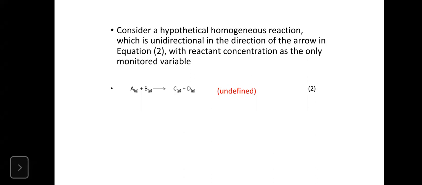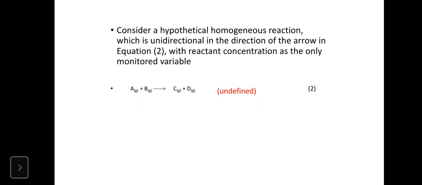This equation, I say, is undefined. Now get this very clearly. At the beginning, I said hydrogen plus oxygen gives you H2O. That equation is defined because I've given you an element, hydrogen, reacting with the element oxygen to give you that product, which is H2O. But now I change it to A plus B. I use A to stand for a reactant, because I didn't name it as a chemical species like hydrogen. I just use A, B, C, D to represent. A is a compound, or it can be an element.